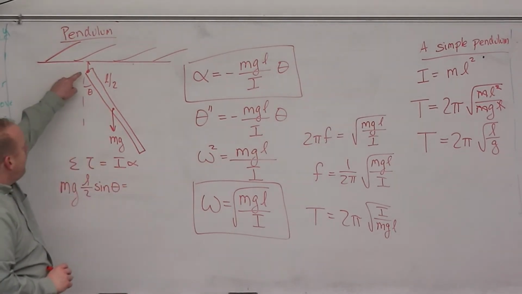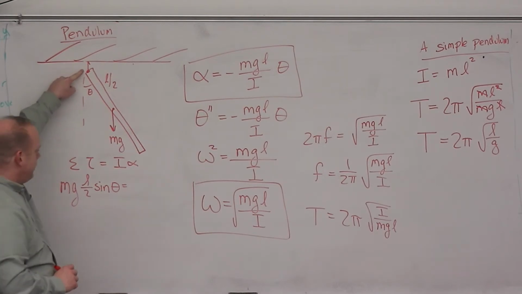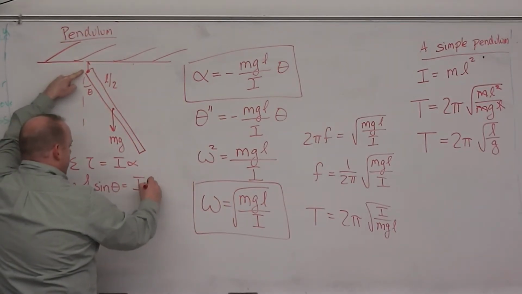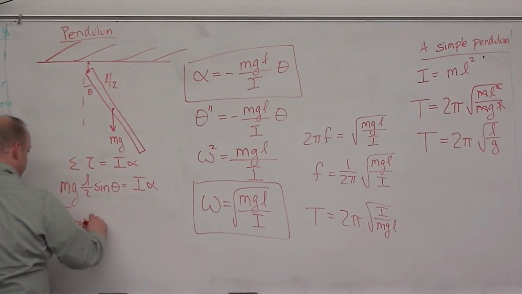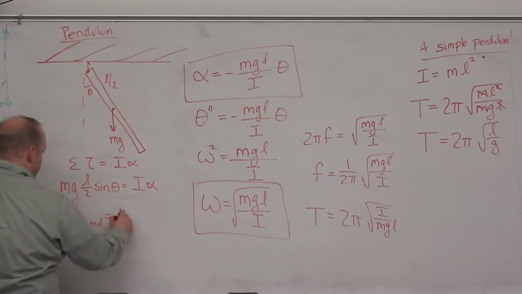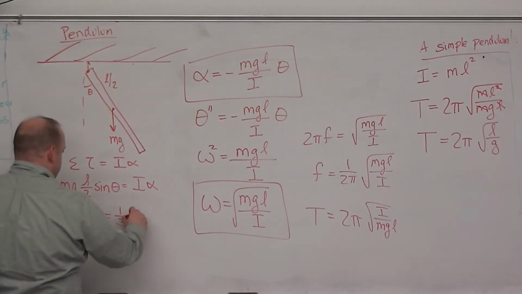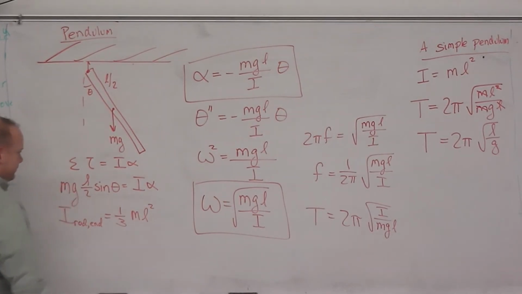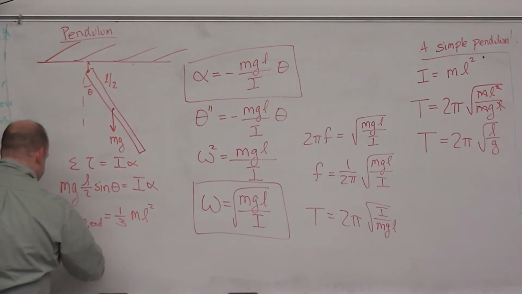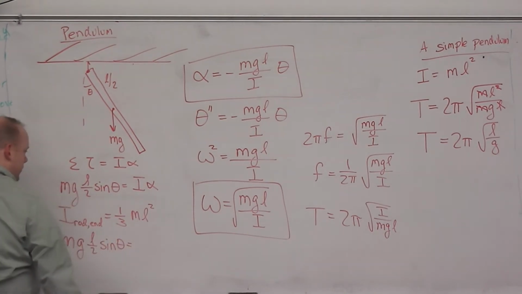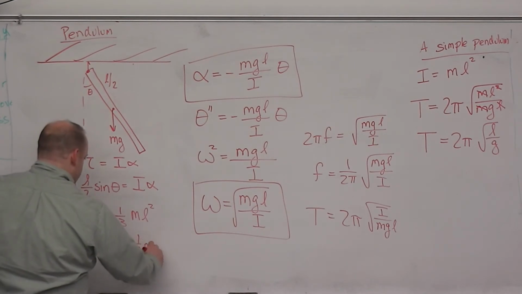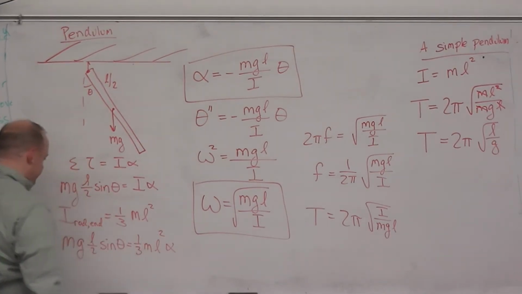Now, the moment of inertia for a rod about its end, if you remember back, you can check, is going to be 1/3 ml squared. So now I've got mg L over 2 sine theta is equal to 1/3 ml squared alpha.